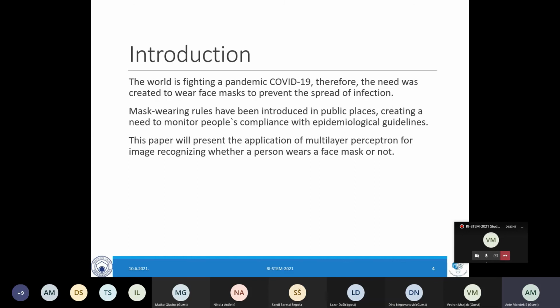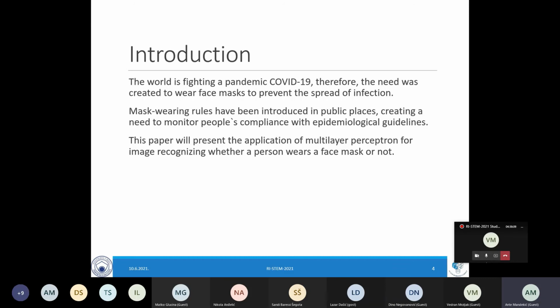This work was inspired by our current situation, where there is a global COVID-19 pandemic. Throughout most of the world, face masks have become mandatory to wear in public places to prevent the spread of infection. These rules have created a need to monitor people's compliance with epidemiological guidelines.